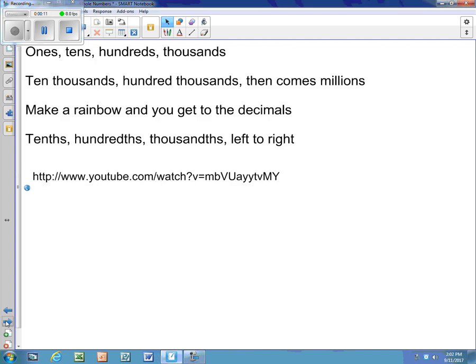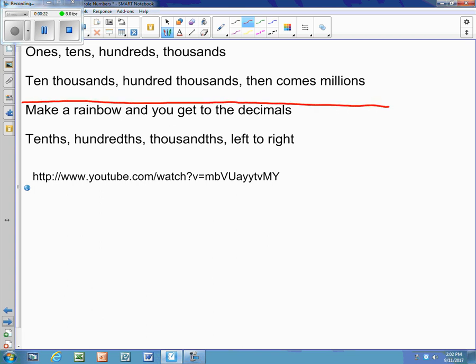Well, the first thing we did today was we talked about a song that would help us to remember our place value. So we're only going to go in our song right up to this point because this is the part that has to do with whole numbers. If you want to listen to the tune of it, here's the tune at this website.